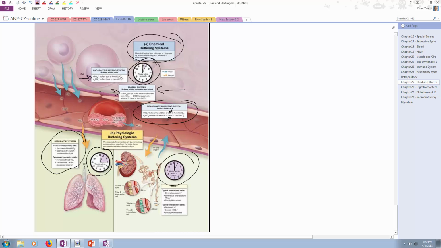And then also trying to help us minimize blood pH changes are the kidneys, but it takes them a long time to actually come into play. It's not important that we know about type A intercalated cells or type B intercalated cells. We just need to realize that we can excrete protons when we're acidotic, and we can try and bring in bicarbonate to help minimize pH changes, because if we're acidotic, we want to increase our blood pH.